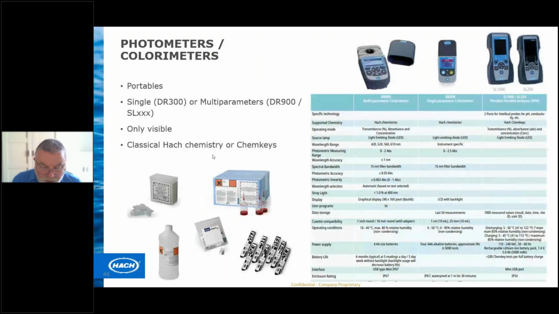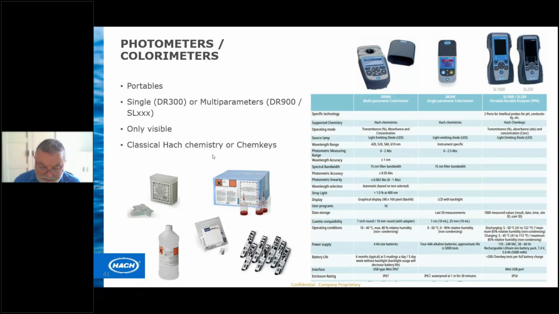We offer two photometers, the DR300 and the DR900, and a hybrid photometer, the SL family, which we will discuss later. These are simple and essentially portable devices. They only work in the visible range and use classic chemistry, liquid or powder, but not LCK.